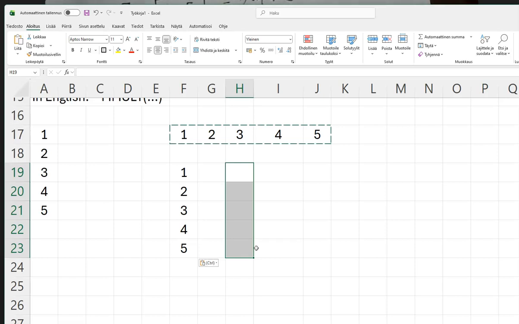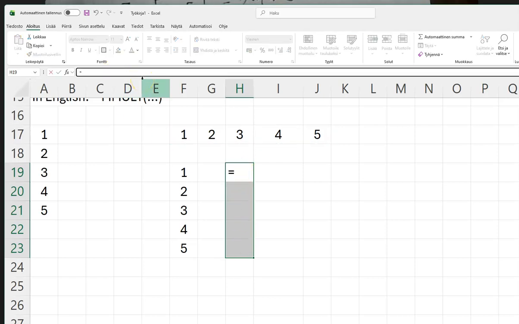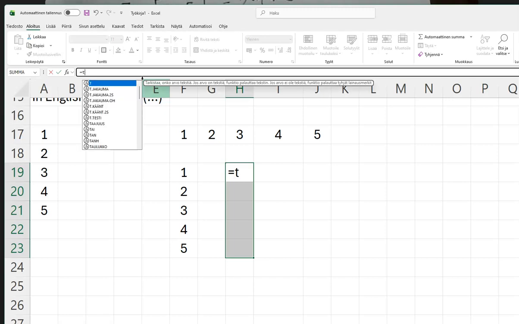Well, many times this can be helpful. I know I have 5 elements in this matrix. I may think that this is a matrix which has 1 row and 5 columns, and I want to transpose it. I select the space of 1 column and 5 rows, and then I write the command transpose, or in Finnish transponoi.